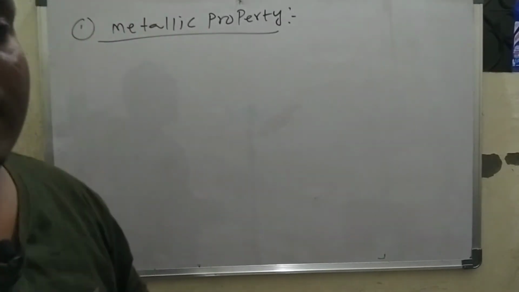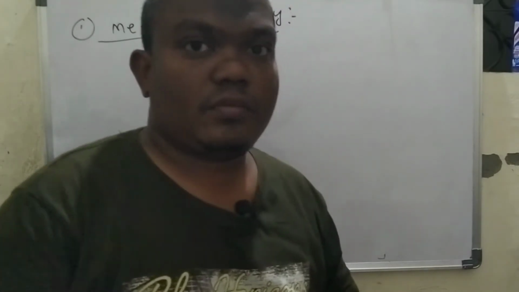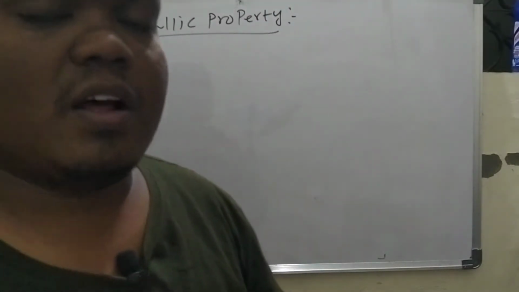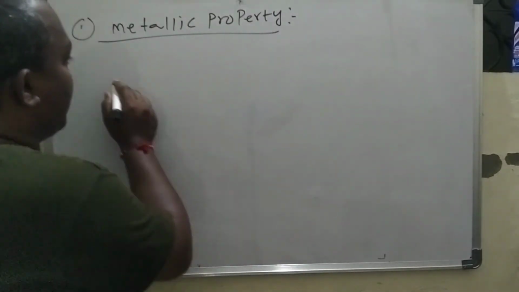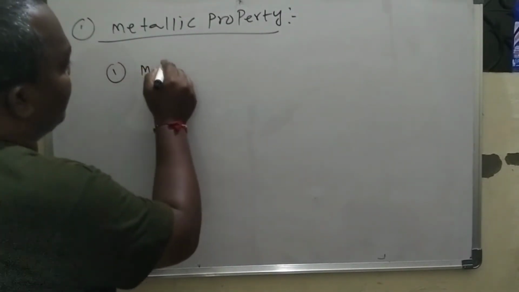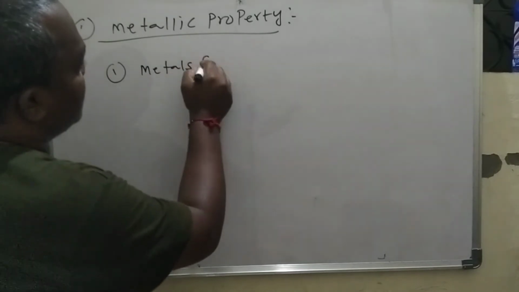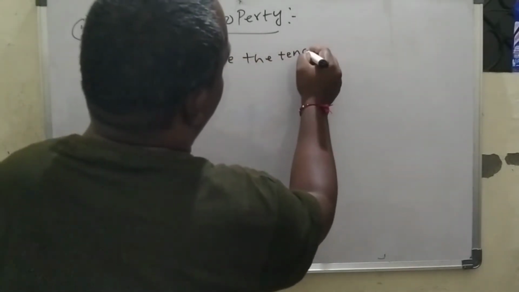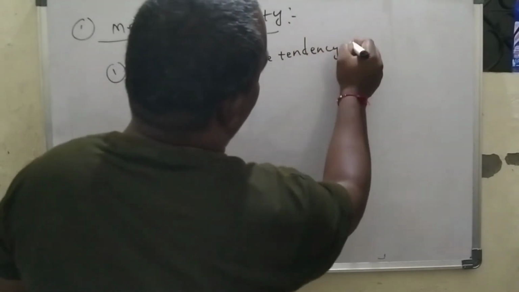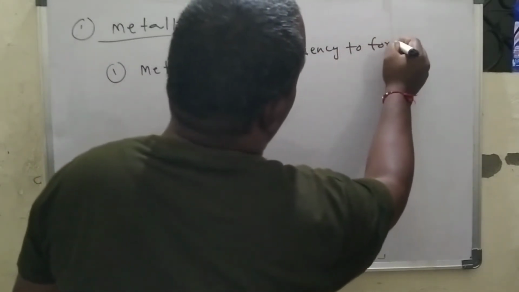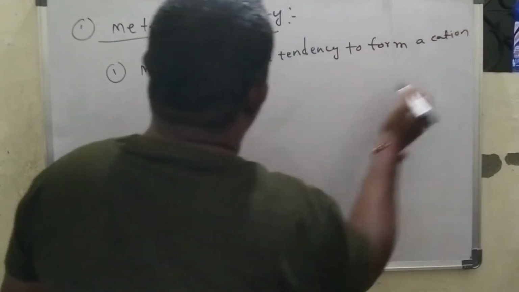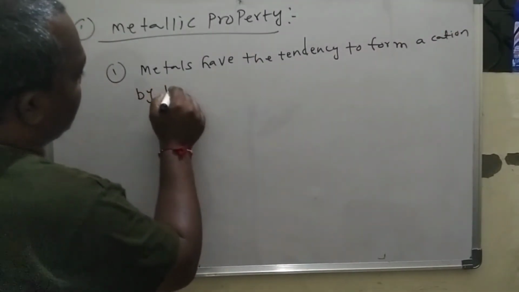First point: metals have the tendency to form cations by loss of electrons.